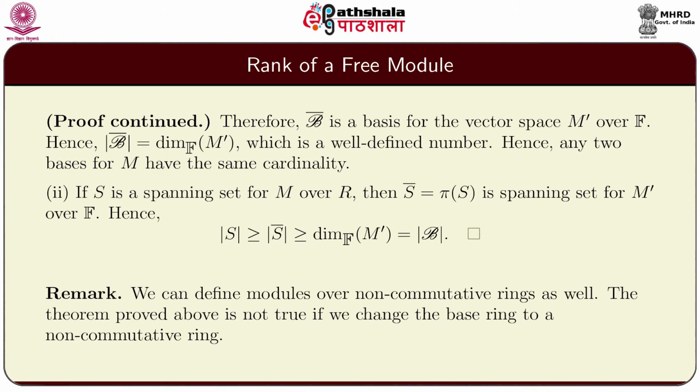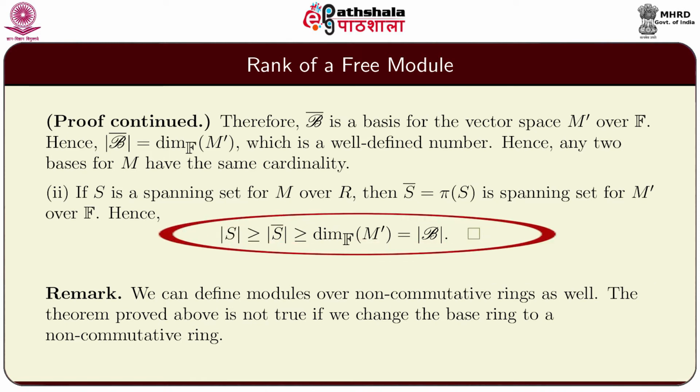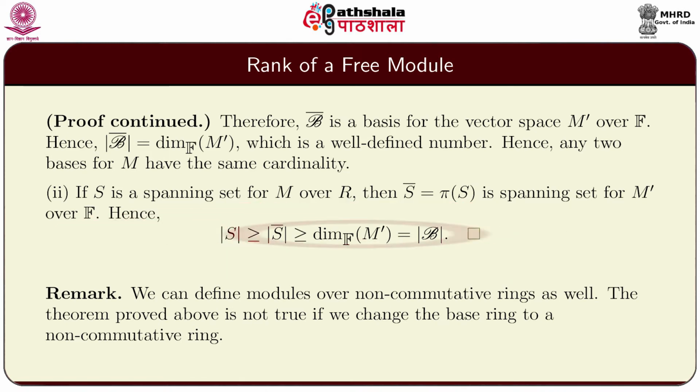Hence, it follows that cardinality of S is greater than or equal to cardinality of S bar, which is greater than or equal to the dimension of M dash over F, and finally it follows that cardinality of S is greater than or equal to cardinality of B. This completes the proof of the theorem.